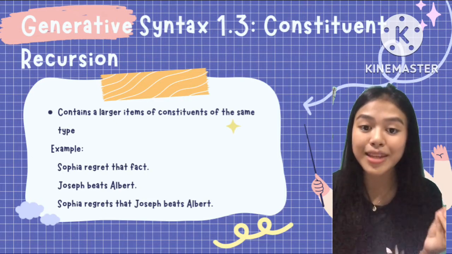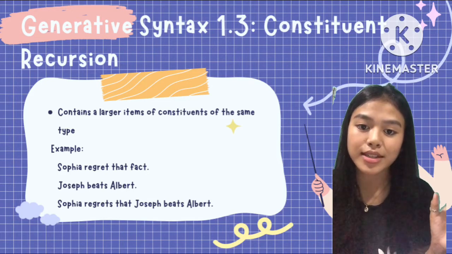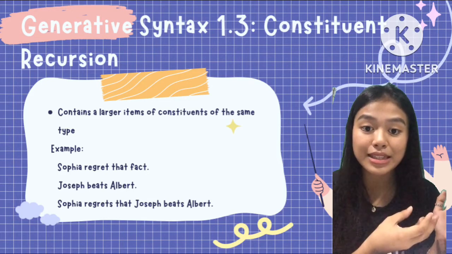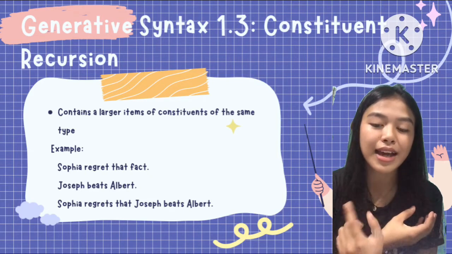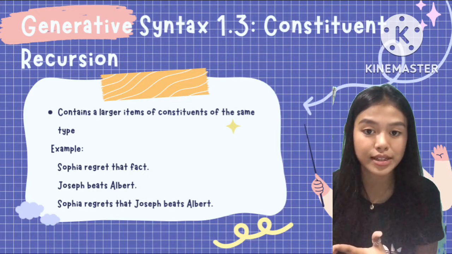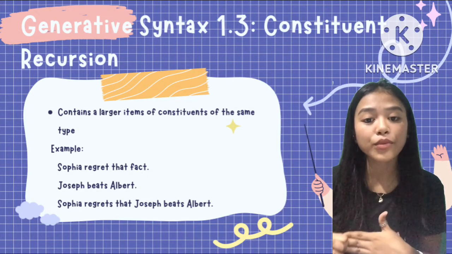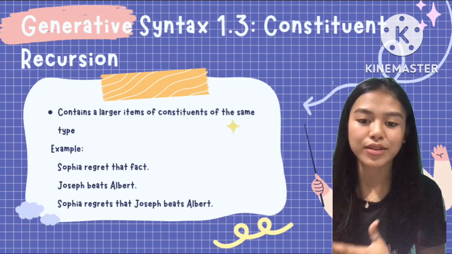So it is in the same type, right? Sophia and Joseph are noun phrases. Regrets and beats are verbs, and that fact and Albert are also noun phrases. So if we combine the two sentences, we now have the result.